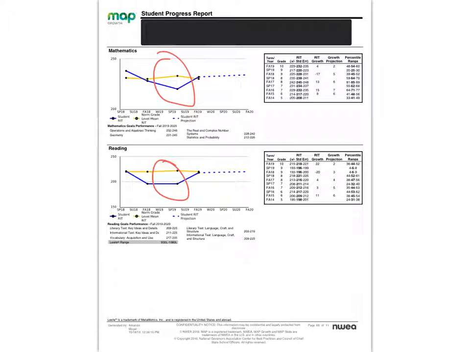You can see that this student improved in the fall of 2019. So perhaps he took the exam a little more seriously in the fall than he did the spring previously. So in all of these tests, it's really valuable to talk to parents about the overall trend in the lines so they don't get concerned about one test on one day, but instead look at the overall growth for that student over time.